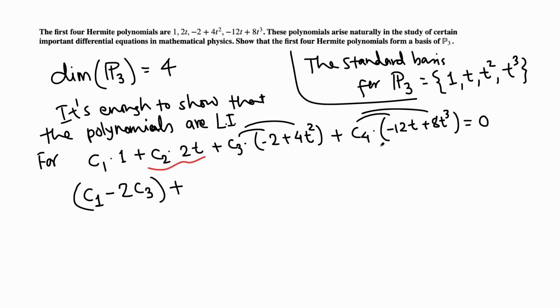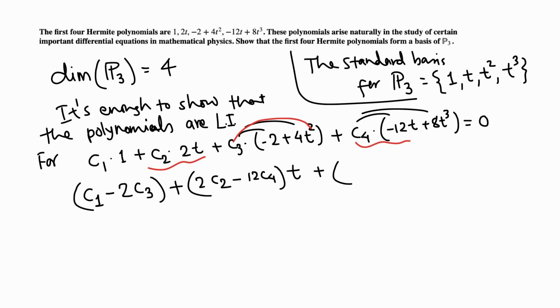Here is 2c2 times t and here is negative 12c4 times t, so 2c2 minus 12c4. Now let's look at the terms containing t squared.